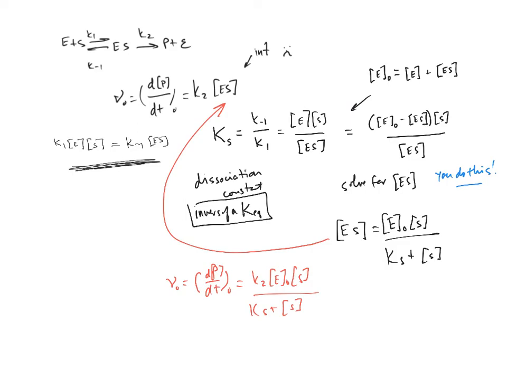Now again, this is the same form as the curve. So it seems to verify the mechanism that got us here. Except with the substitution that the A term is equal to K2 times the enzyme concentration, and B is equal to my dissociation constant.